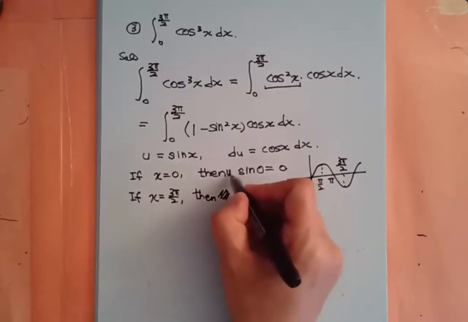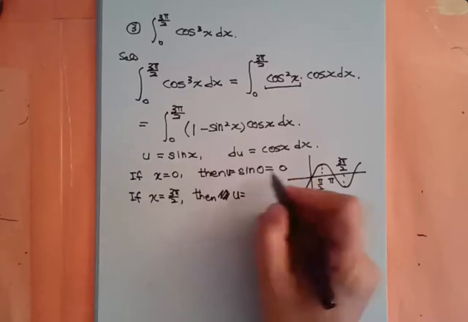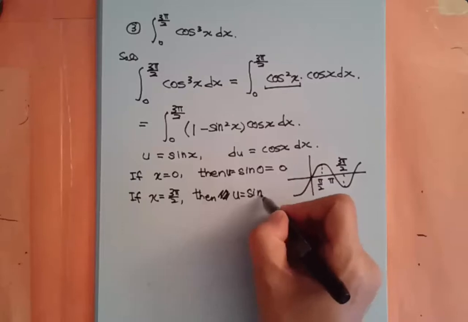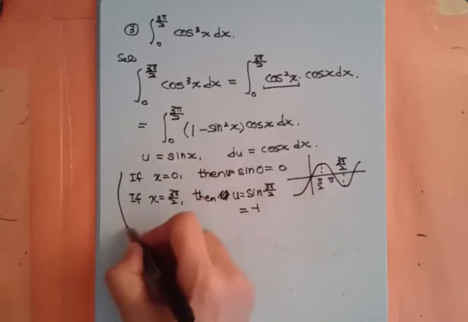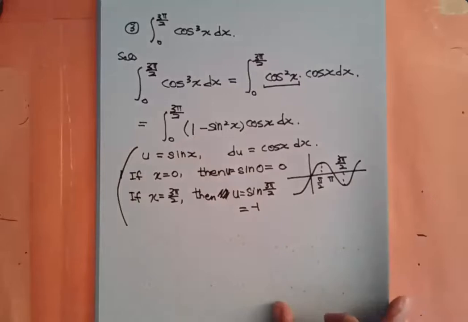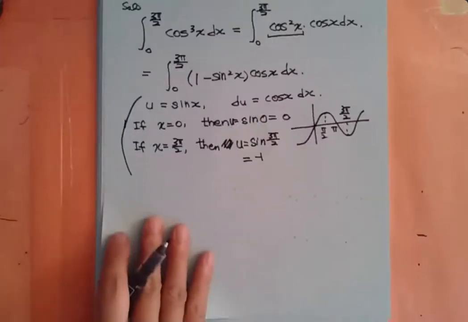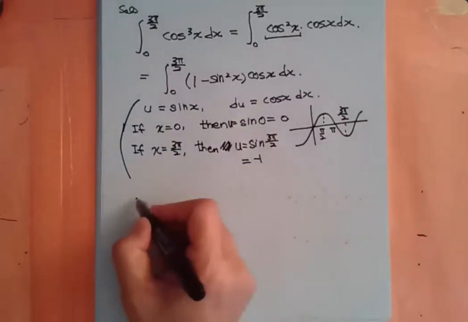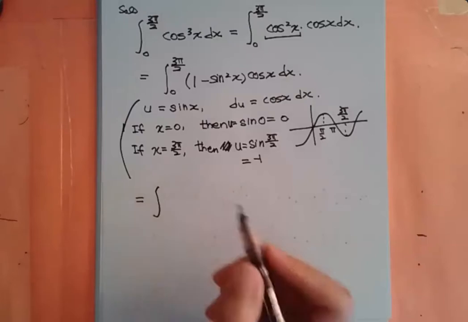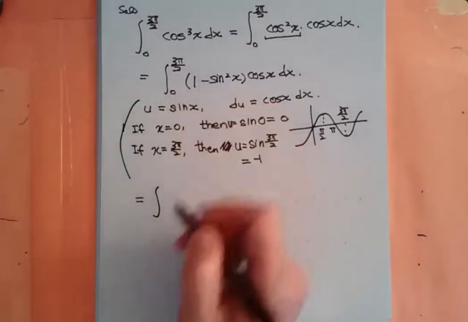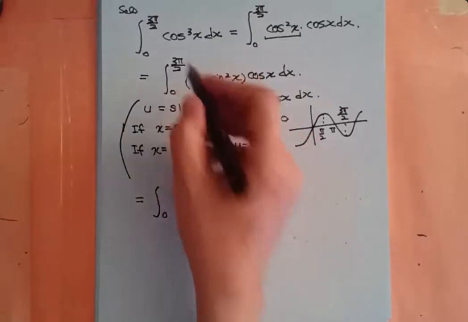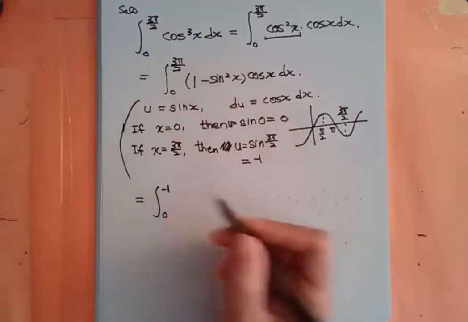So this was u, right? u equals sine of 3 pi over 2, which is -1, right? So it becomes like this. Let's convert all those. Then the lower bound became 0, the upper bound became -1.